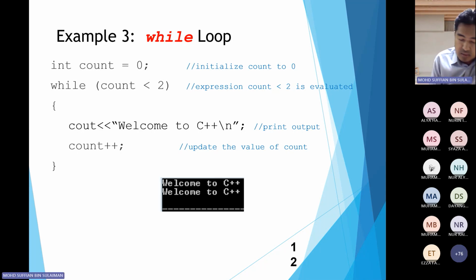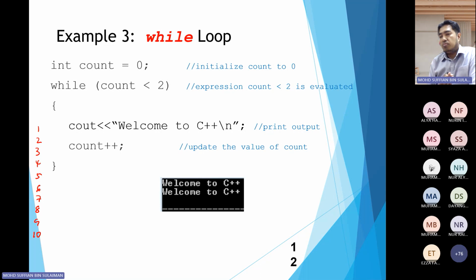Okay, let's see. This is a very good example. Let's say I want to print 1, 2, 3, 4, 5, 6, 7, 8, 9, 10, kan? Nampak? Okay, atas sikit. 1, 2, 3, 4, 5, 6, 7, 8, 9, 10.